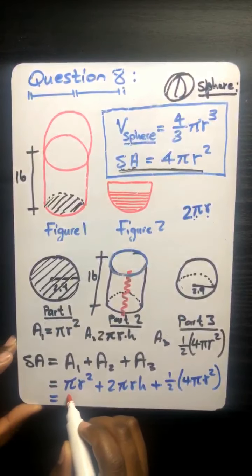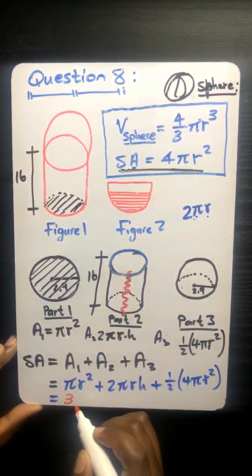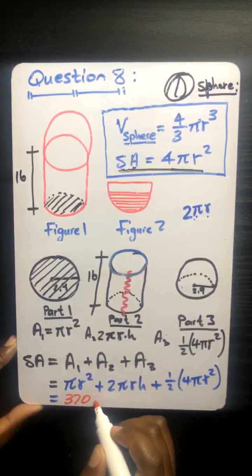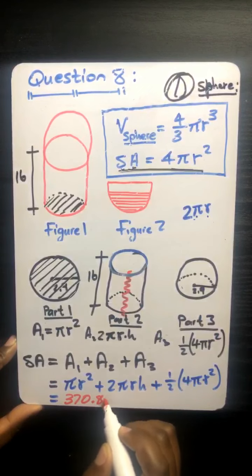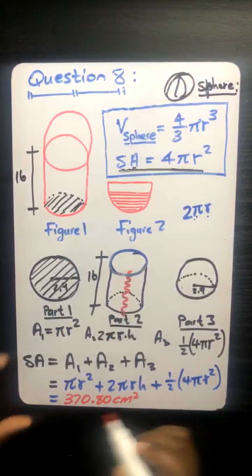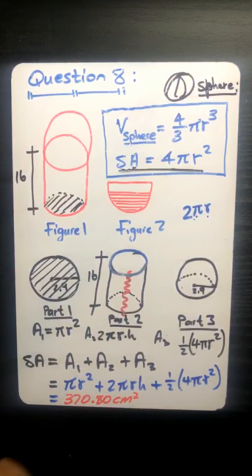So the final answer I got is 370.8 centimeters squared, sir. 370.80 centimeters squared. I don't trust this one.